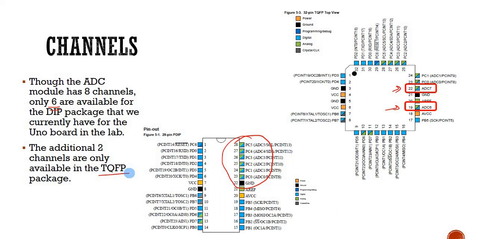In general, most of us, when we get the Arduino board, it comes with the DIP package, and the pinout that we get is directly connected to ADC 0 to ADC 5, which is mapped to port C pin 0 to port C pin 5. So it is important to note that though the module itself has 8 channels, only 6 are available for us to use.